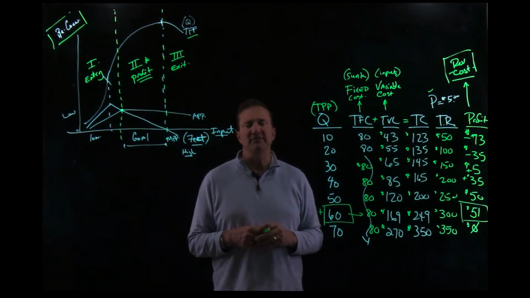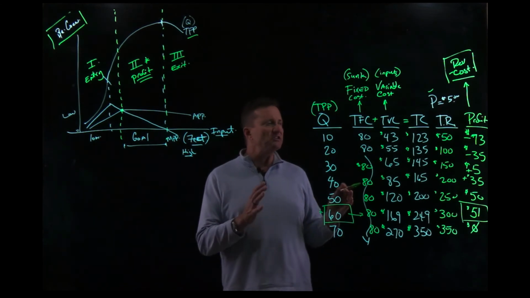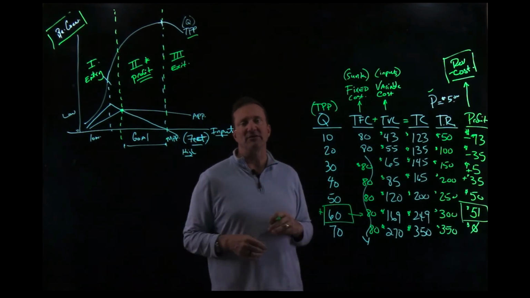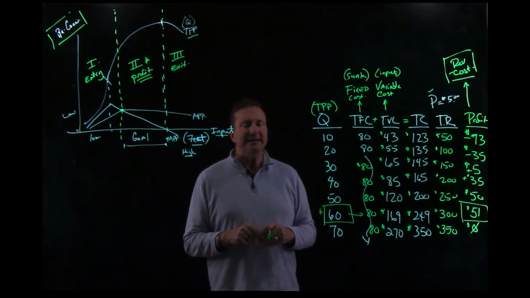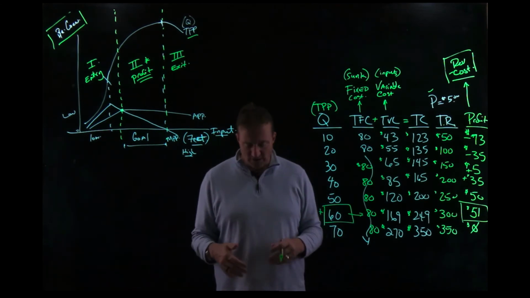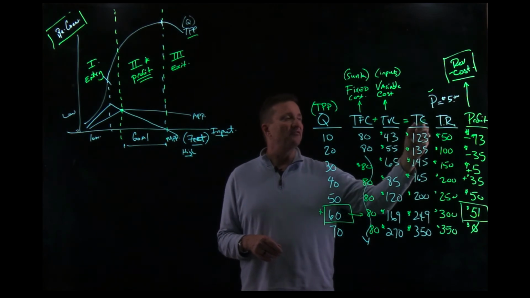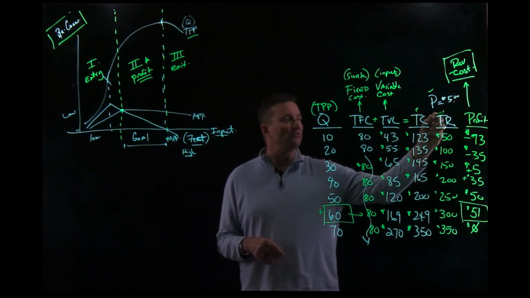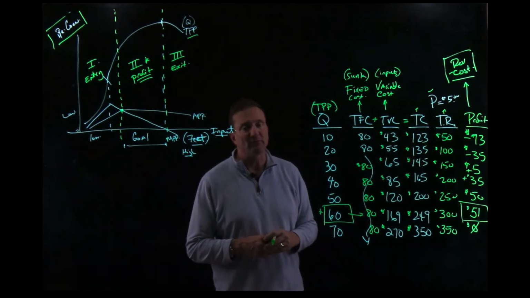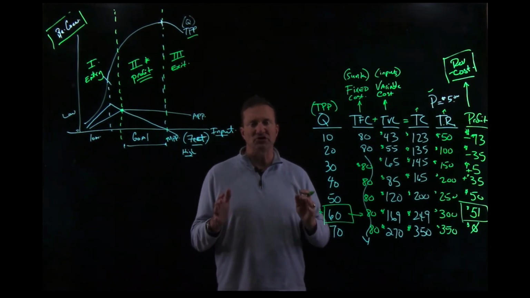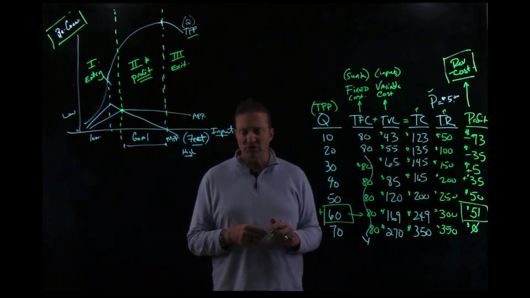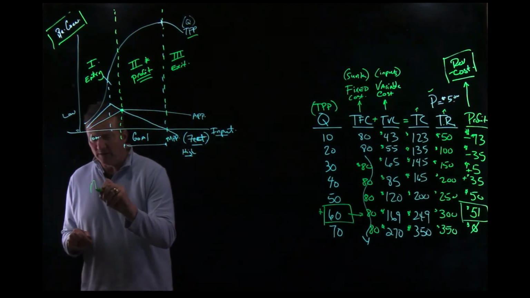Now, in this beginning of output analysis, we're just simply looking at total value. However, in the chapter this week, we're also taking this to the next level and looking at this cost from a new standpoint as well as the revenue. And that's called marginal analysis. Remember, marginal analysis, let me write it down.